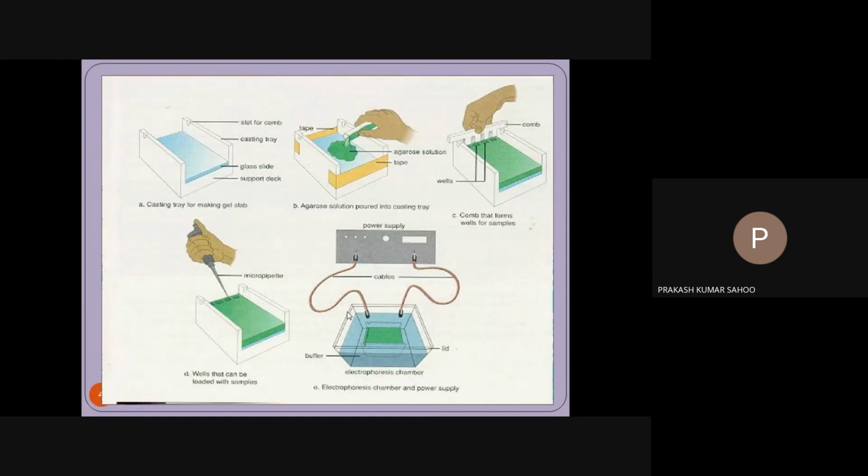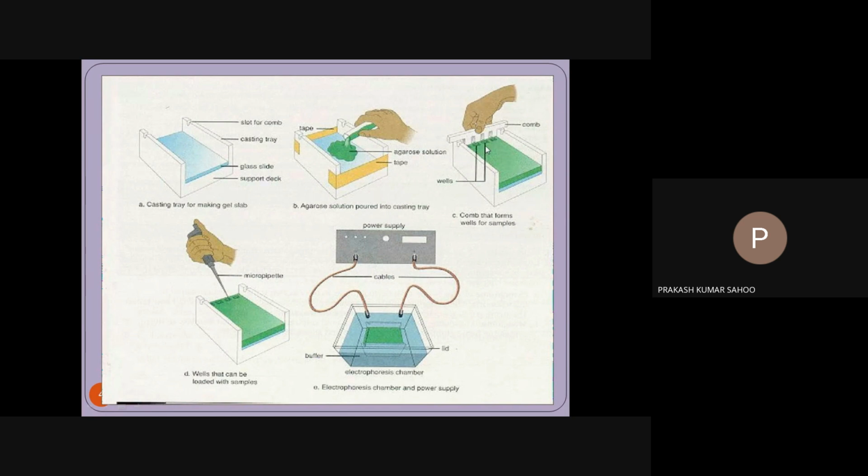So this is the mechanism of gel electrophoresis. This is the casting tray, the bottom one. Above this we put the agarose solution, which we have poured, and then by using a comb-like thing, we symmetrize the agarose bed.